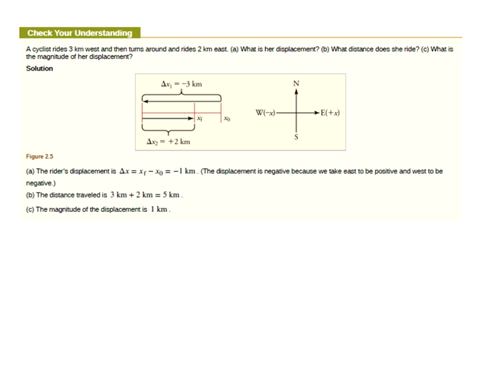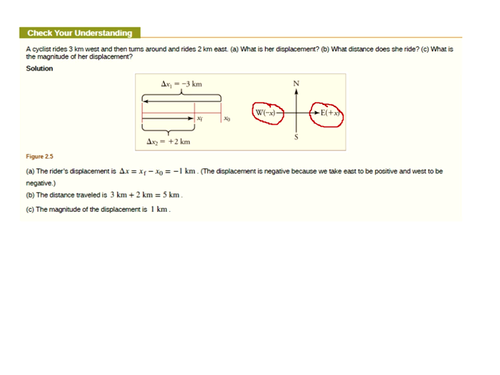Here is an example from the book. So we've got a cyclist riding 3 kilometers west, and then she turns around and rides 2 kilometers east. What is her displacement? So notice that we've got the standard number line orientation here, where east is the positive x direction and west is the negative x direction. So this actually has 2 displacements.